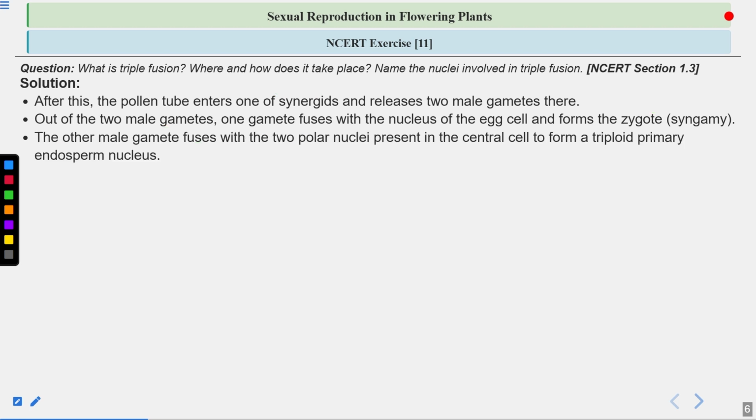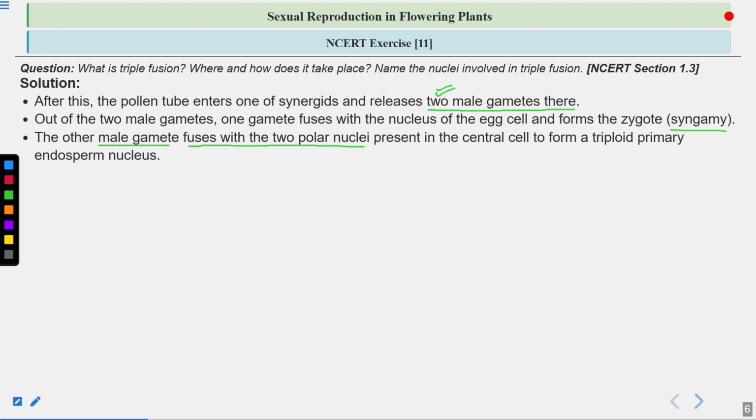The other male gamete. Now we have one more male gamete, because it is clearly mentioned that the pollen tube has two male gametes. So one male gamete was involved in the process of syngamy. The second male gamete fuses with the two polar nuclei. Where are these two polar nuclei present?